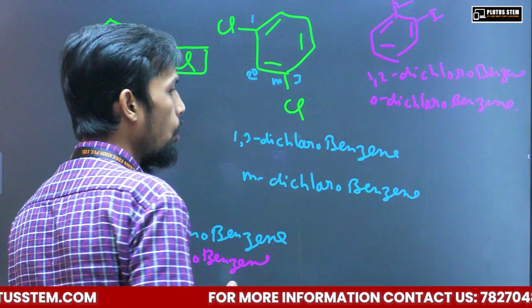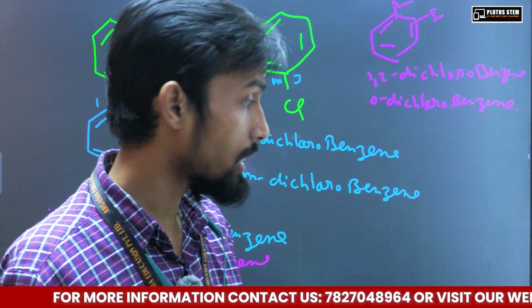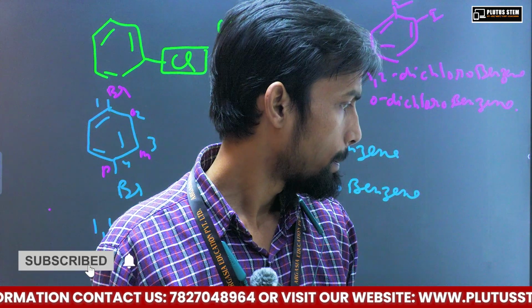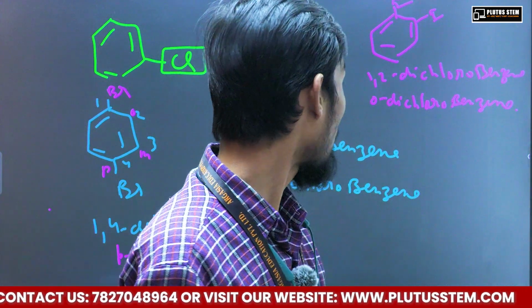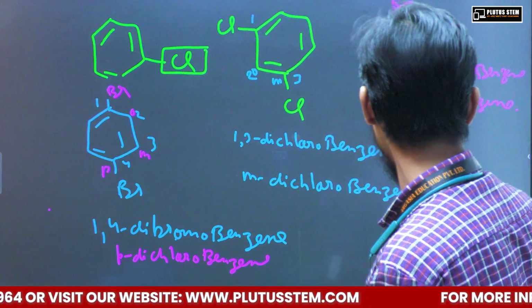So this is the way how we can represent these different dihalides. In the similar way, we can have trihalide also and tetrahalide also.